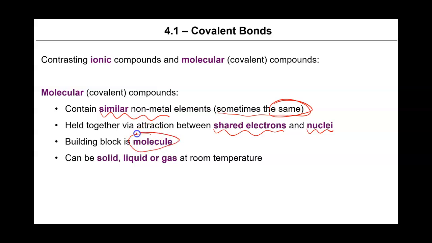The building block of molecular compounds is the molecule, a small, discrete bundle of atoms that acts independently of all other molecules. And molecular compounds show a greater diversity in their melting points and boiling points, and they can be solids, liquids, or gases at room temperature.